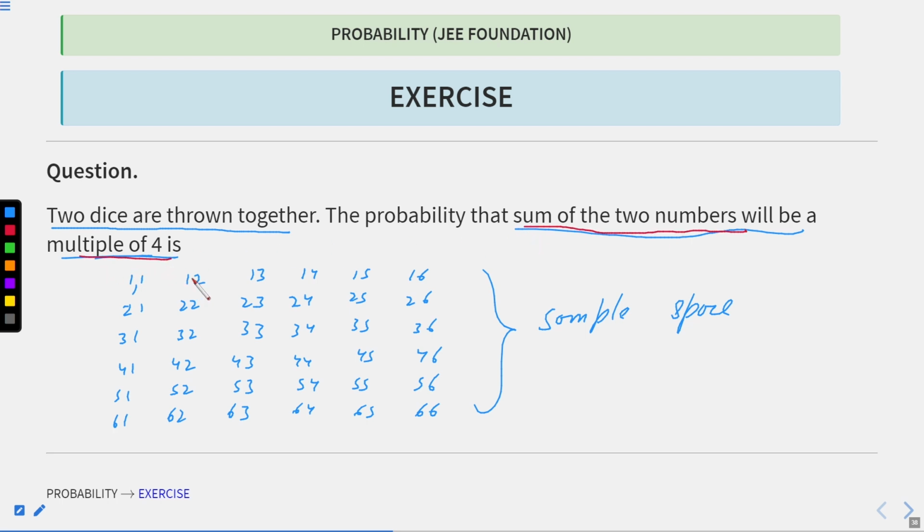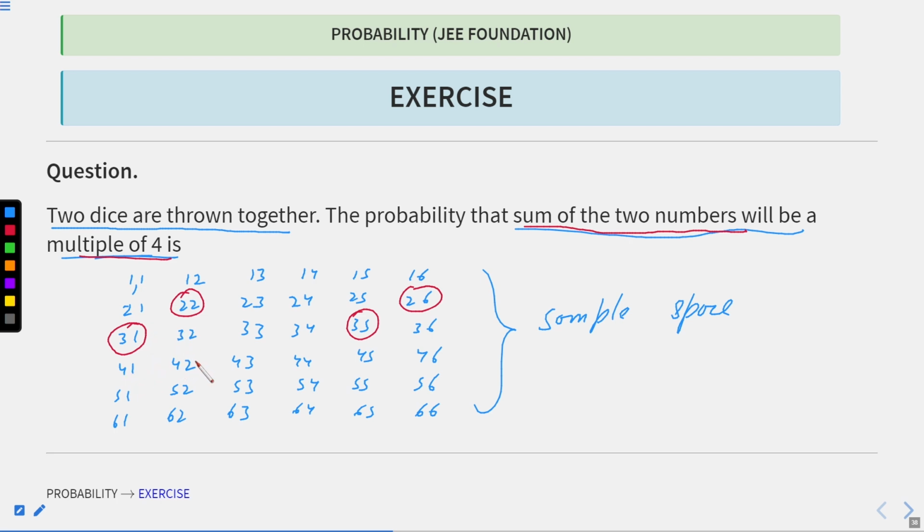Okay, now just see what are the pairs whose sum of two numbers will be a multiple of 4. So let's try to see. So 2 plus 2 is 4, yes, a multiple of 4. 2 plus 6 is 8, a multiple of 4. 3 plus 5 is also 8, a multiple of 4. And 3 1 is also a multiple of 4.